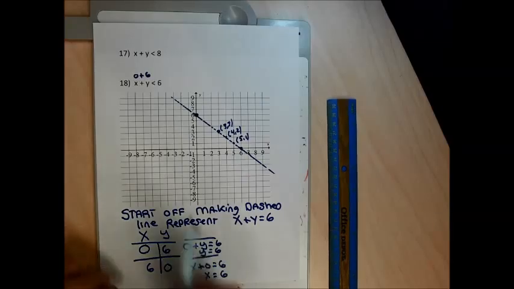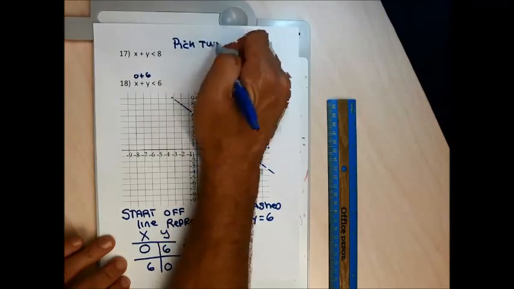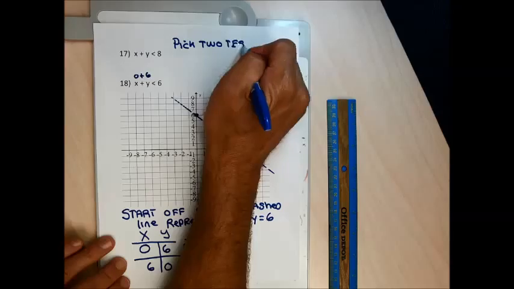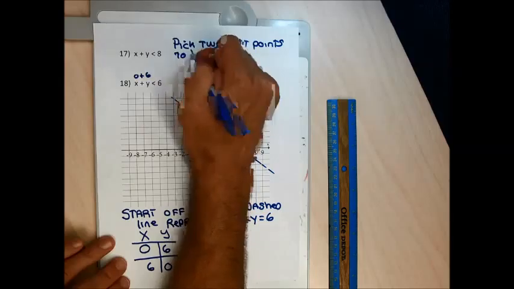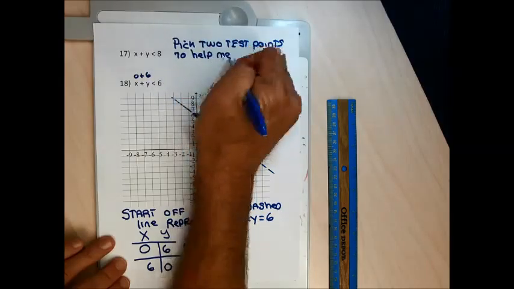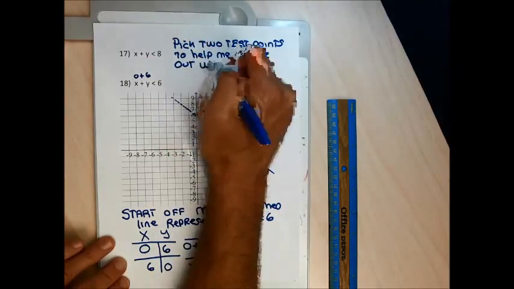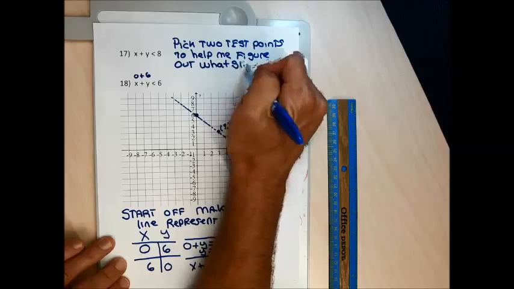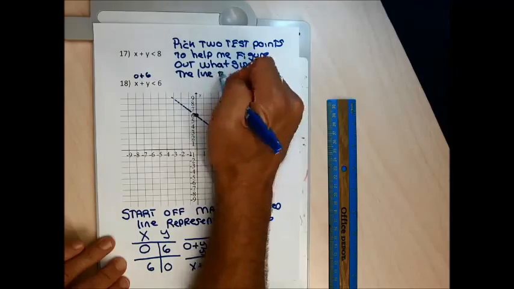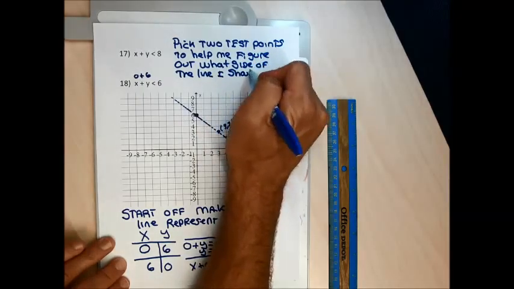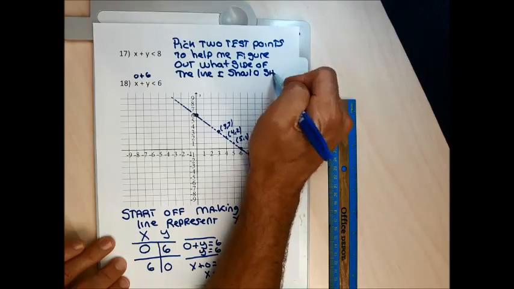So what I'm going to do is pick two test points to help me figure out what side of the line I should shade. In all these problems, you're always going to shade one side of the line and the other side will be completely unshaded.